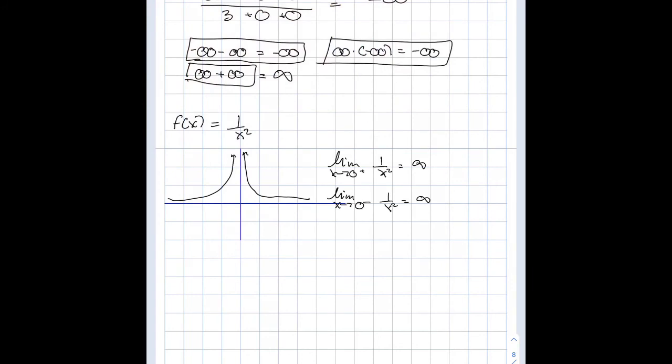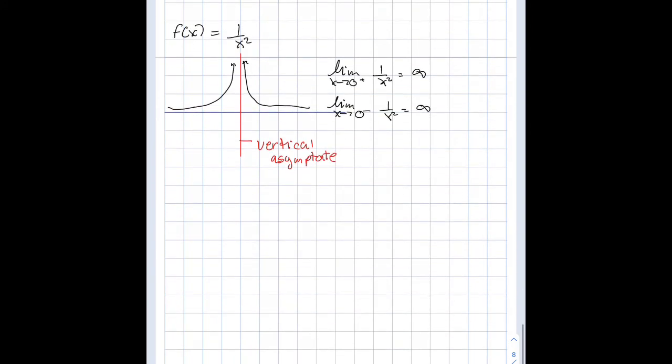So if I draw a line here, what do you think we can call this line? We're going to call that our vertical asymptote. So we also have a formal definition for that one.